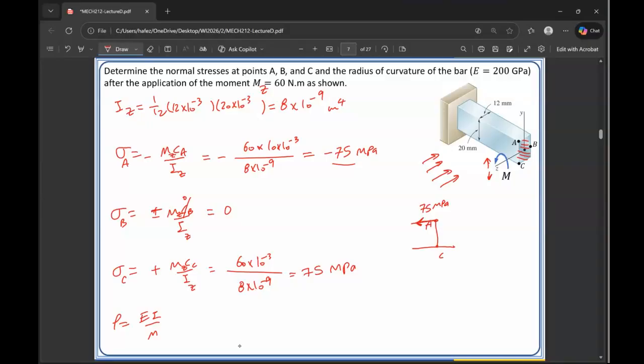For C, we pull it out, the same amount. And then we connect these two. And this point should be the center point B. It should not have any value, it should be 0. The further away you get from the vertical line, the more the stress. So all of it is positive here, it's negative here, and 0 here. So this is called stress profile.